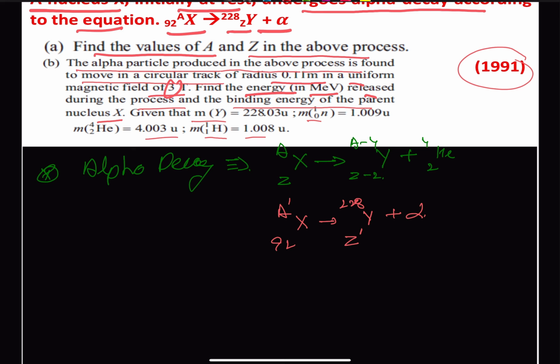So we can say our Z prime is 92 basically.